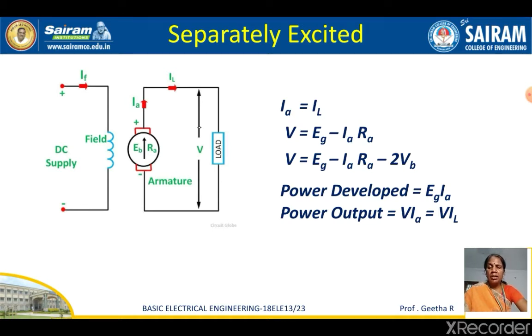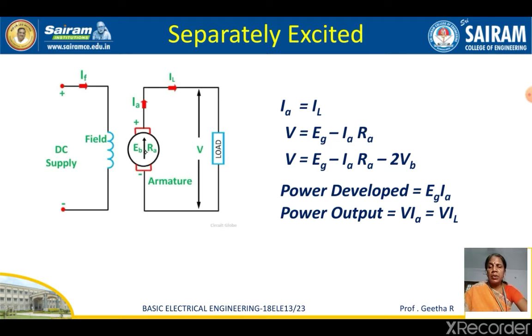The voltage across the armature, or the terminal voltage, is nothing but the generated voltage minus the drop. Here Ra, the armature resistance, will be there, and in the armature resistance some drop will be there. That drop is calculated as Ia into Ra. Multiplying current into resistance gives you the voltage drop across the armature resistance.